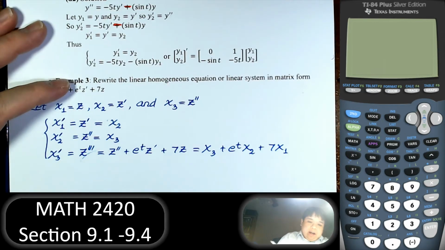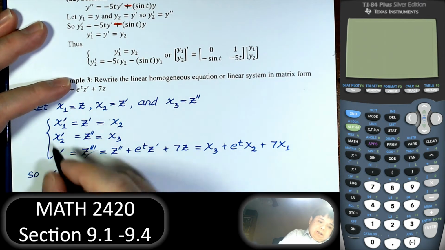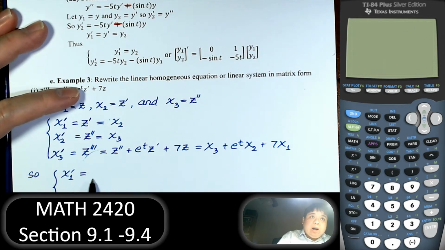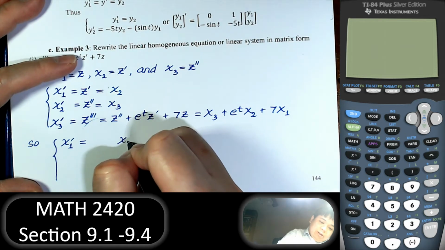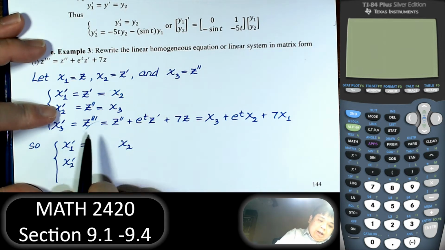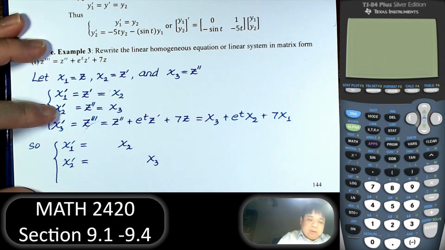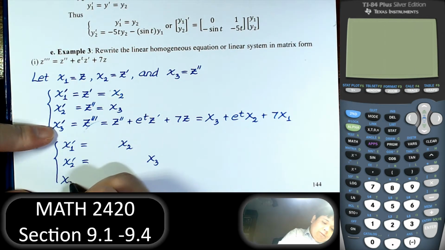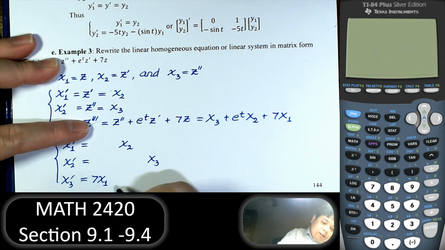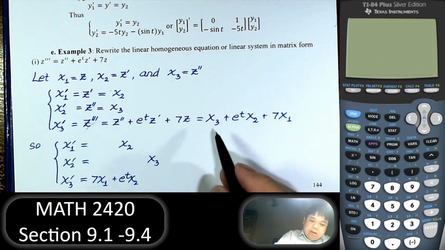Now with that, we can rewrite this in the matrix form. x1 prime equal to no x1, but there will be an x2. x2 prime, there is no x1, no x2, but there is x3. And x3 prime, we have 7x1, e to the t x2, plus x3.